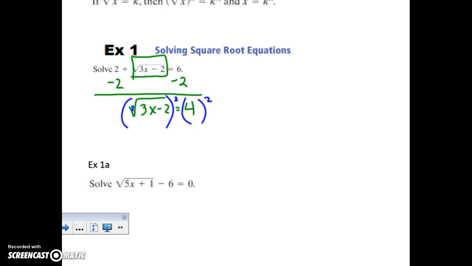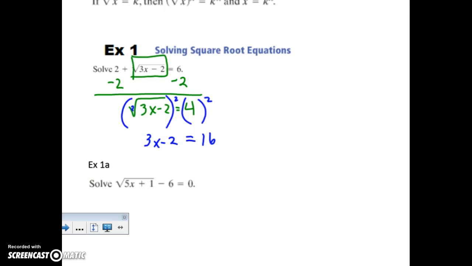Anytime you square a square root, the square root and the exponent are eliminated, and you just have 3x minus 2, so just the radicand. The same way if it was a cube root and you cube it, the cube and the cube root would be gone. And then 4 squared is 16.